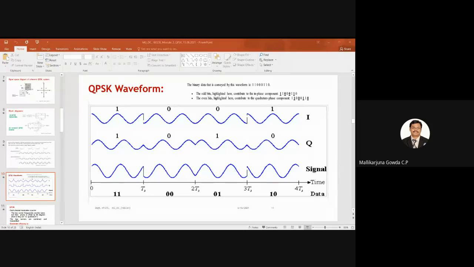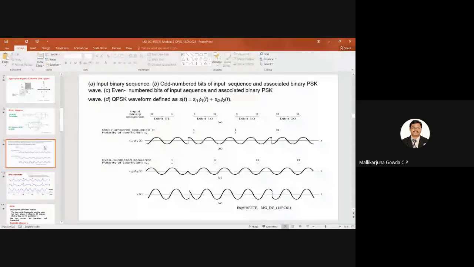So these are the 4 different phases I used to convey these 4 dibits. I hope I conveyed what is QPSK with the 2 examples of waveforms.